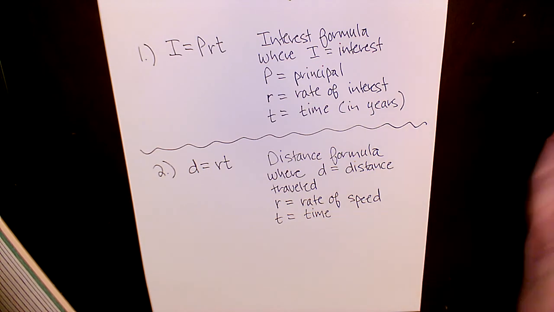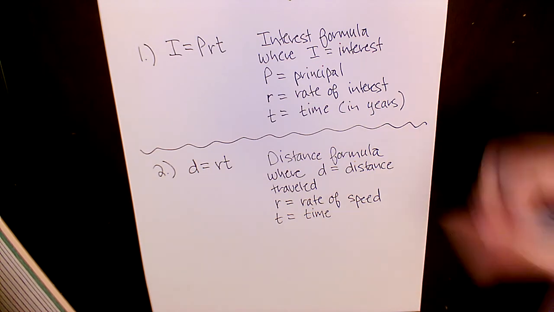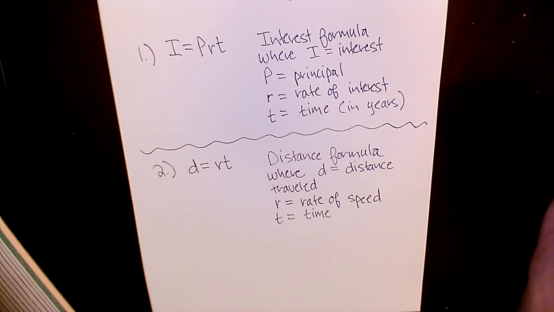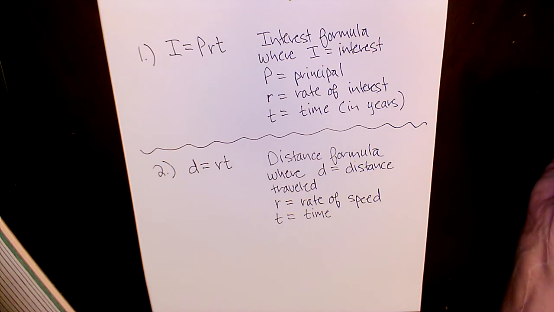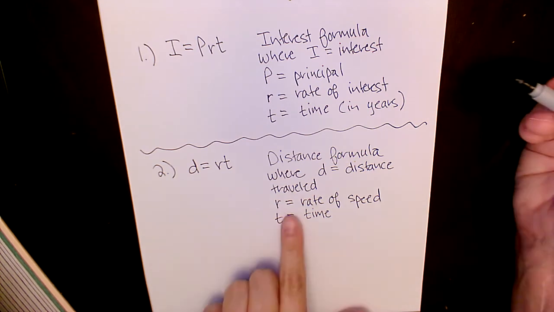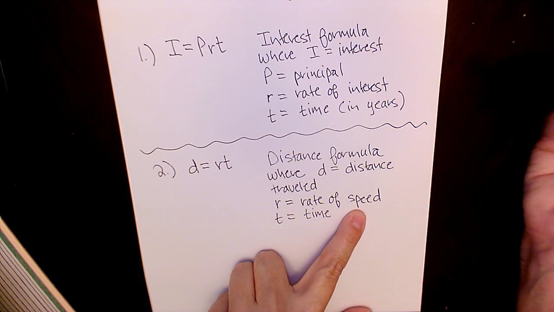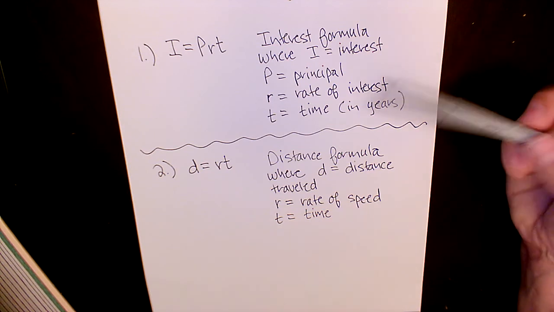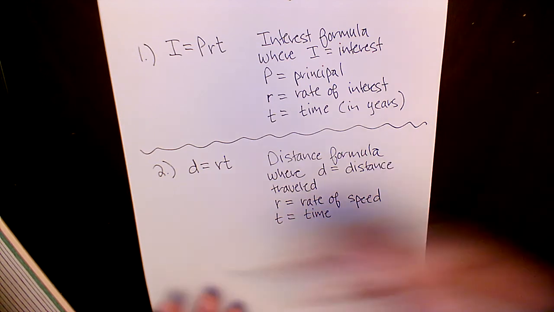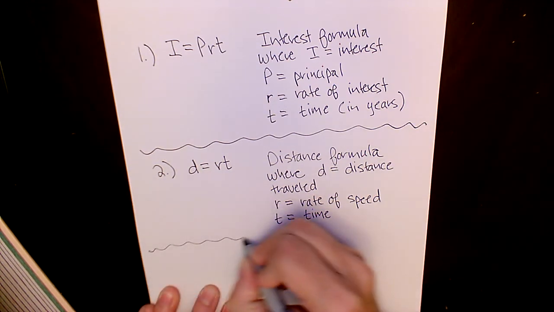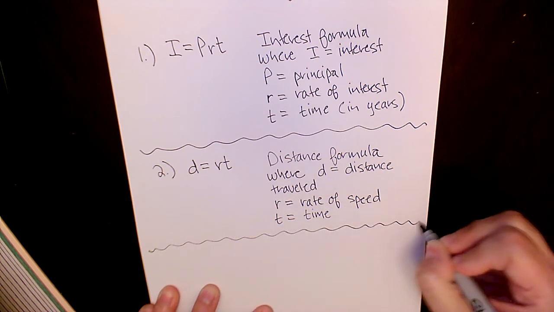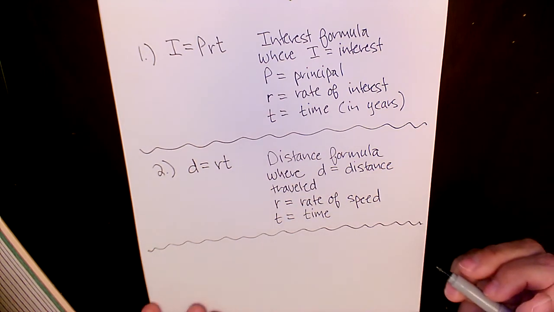Usually, did you drive for 4 hours? Did you drive for 5 hours? Like I said, R is your speed. How fast were you going? 30 miles an hour. And distance is how far you traveled. You might not see that now, but it is definitely coming up in 3.3.